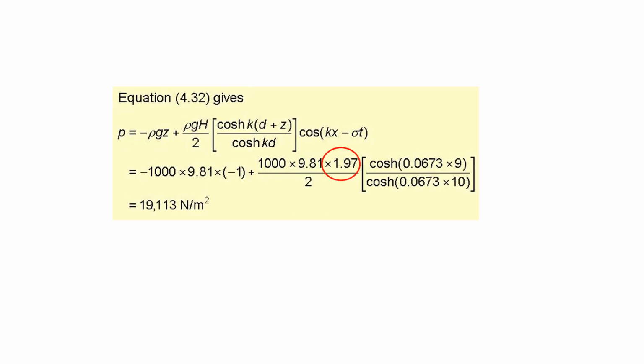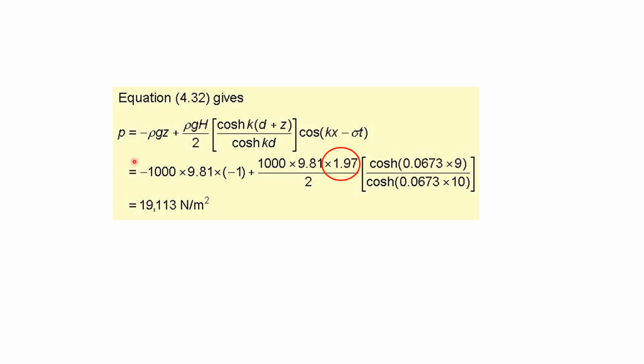Next, we try to solve for the wave pressure as required. Here we have the equation for the wave pressure, and we recall that it is made up of the hydrostatic component and also the dynamic component. For the hydrostatic component, we have rho g, we are using the freshwater density, and z is -1.